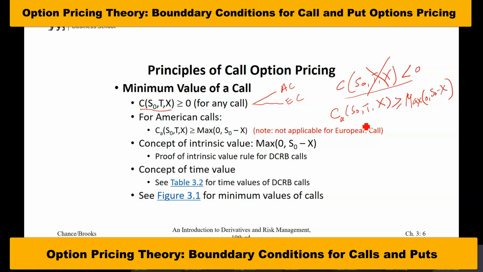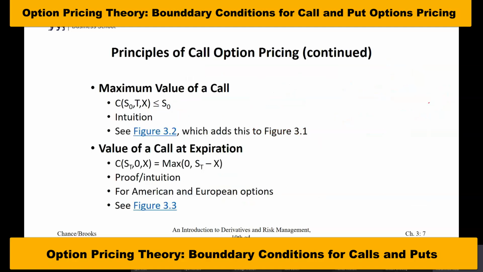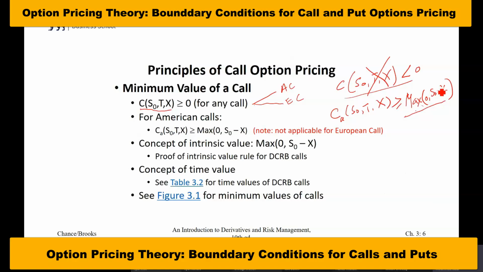How would we read this? The maximum of 0 or stock price minus exercise price, because there is a contingency. The option price cannot be negative, so the minimum it can go is 0, or if the option is in the money, it will have the stock price greater than the exercise price.